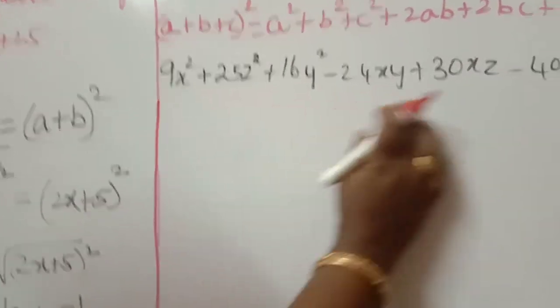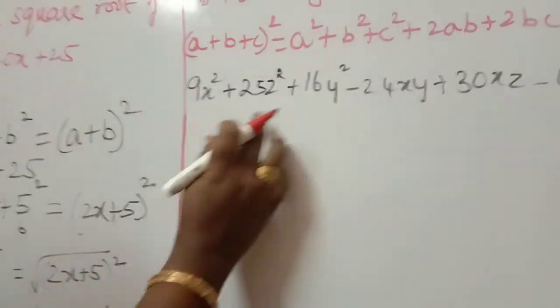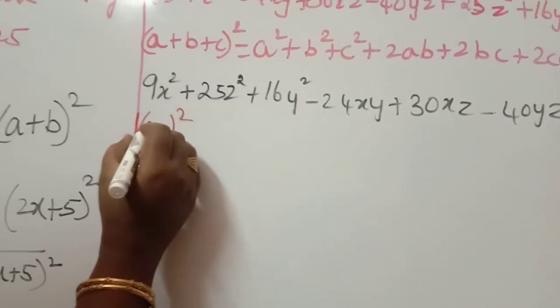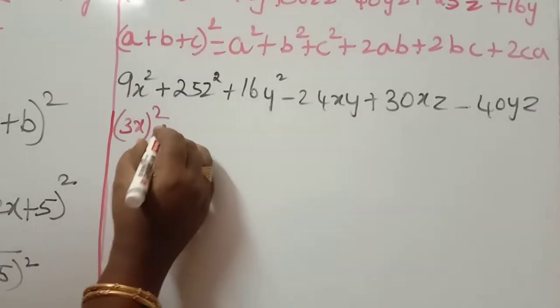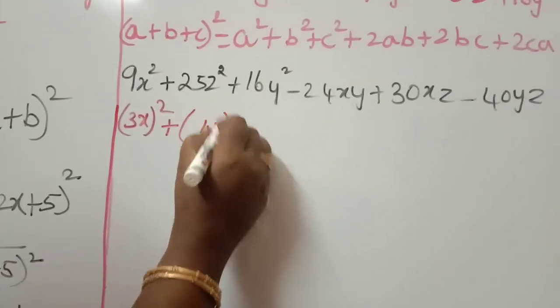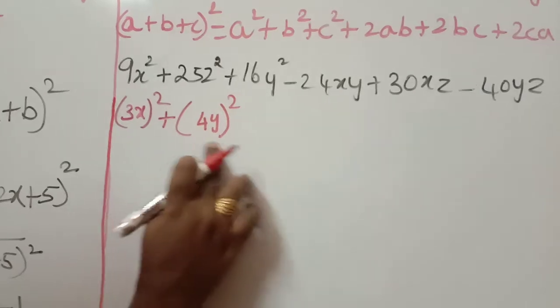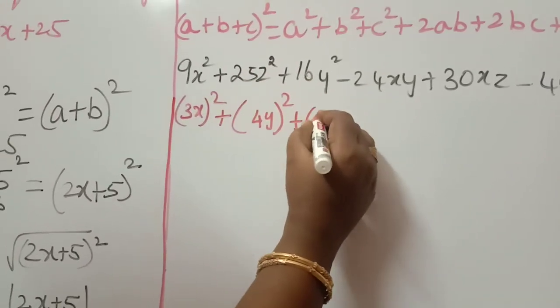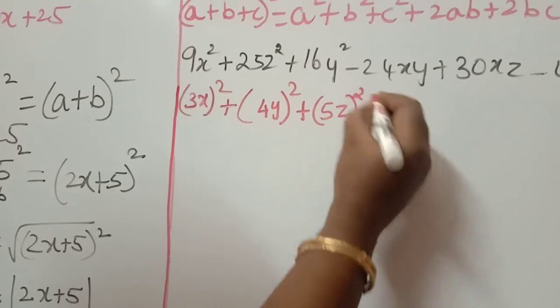Okay, so I have written the given polynomial. First take away the square term alone. 9x square, we can write it as 3x the whole square. Plus, next we can write 16y square as 4y the whole square. 25z square, we can write 5z the whole square.